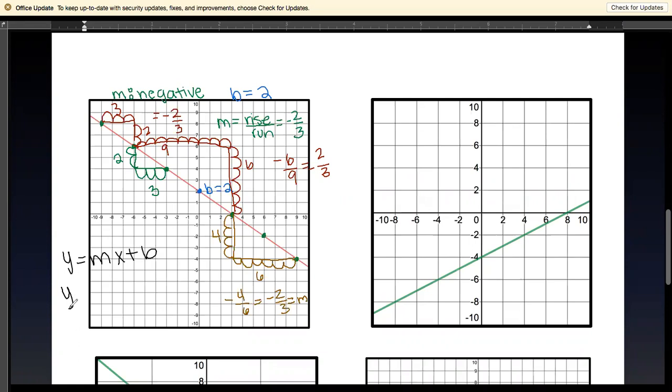So my equation is y equals -2/3 x plus 2, because -2/3 is my slope and 2 is my y-intercept. So the y-intercept is 2, and the slope is -2/3. That's what we found.